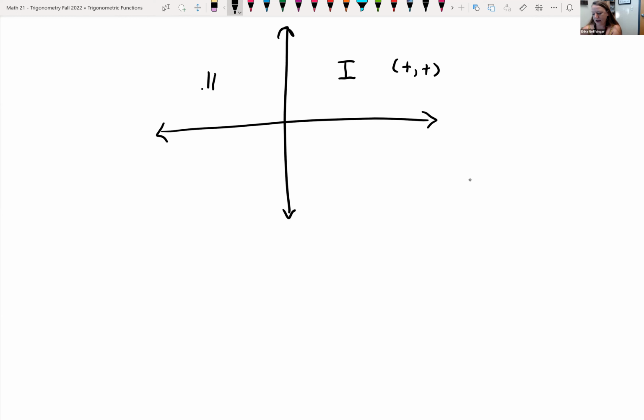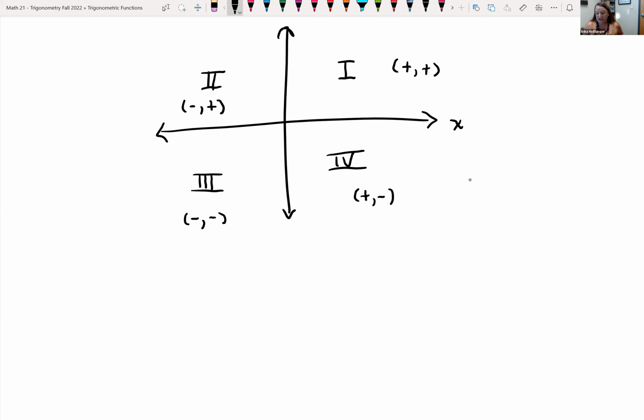Going counterclockwise, we have our second quadrant. In this quadrant, the X value is a negative number, and the Y value is a positive number. The lower left-hand corner, we have our third quadrant. In this quadrant, X is negative and Y is negative. And then the lower right-hand corner, we have our fourth quadrant, where our X value is positive and our Y value is negative.